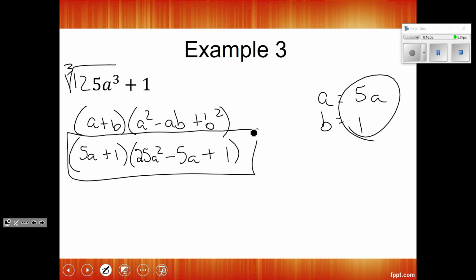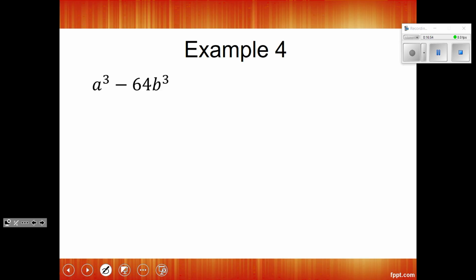And you're finished. How many were able to get there? Good. Did you just do 5a squared? Yeah, that's a common error. So make sure you square the 5 and square the a. You've got to square both. Okay? All right. Two more.